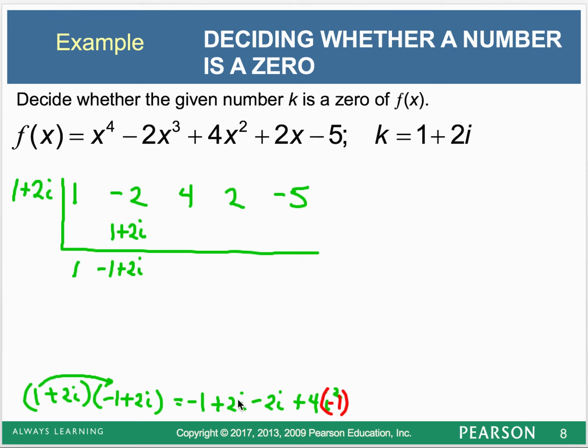All right. Hey, look what happened. 2i minus 2i. See, remember from our complex conjugates? Okay, if I'd have written as 2i plus 1 and 2i minus 1, I could have done the shortcut. Okay, but now we've got -1 minus 4, because 4 times -1, so this is -5. Goes right here.